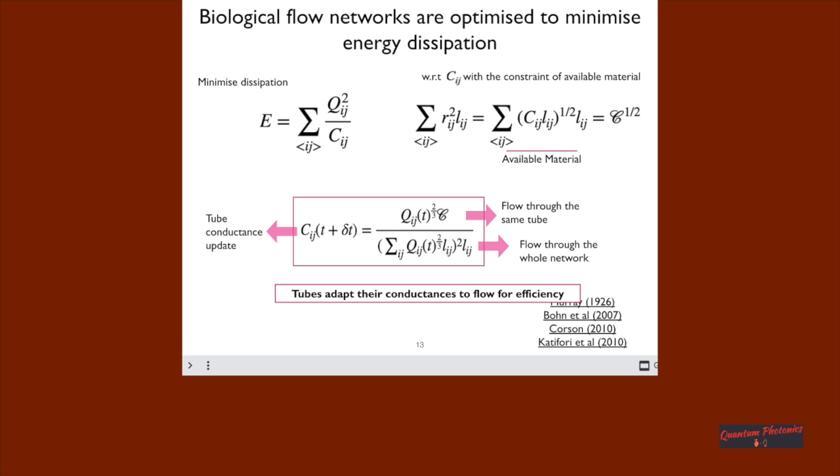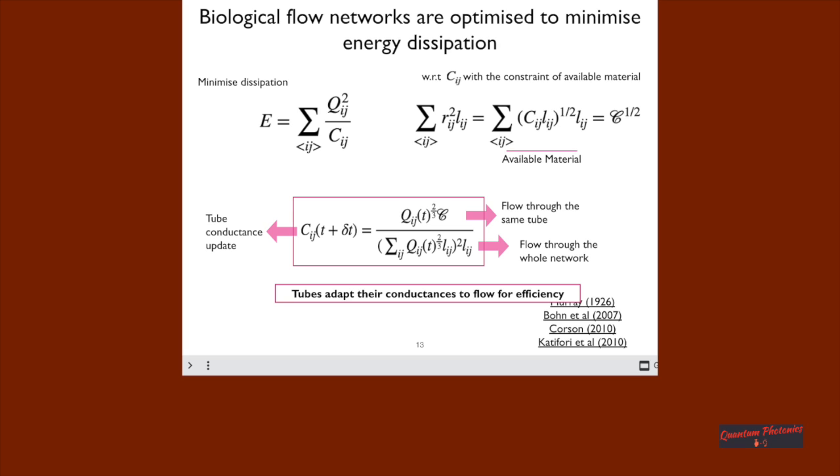The term at the bottom, shown by the sixth build, incorporates how the tube conductances update inversely proportional to the flow through the whole network.